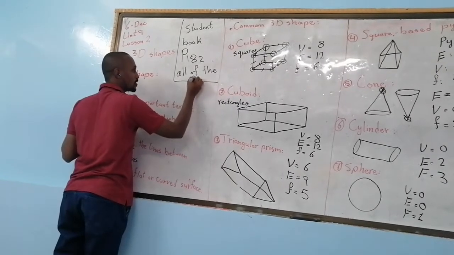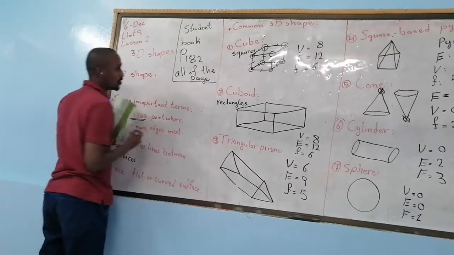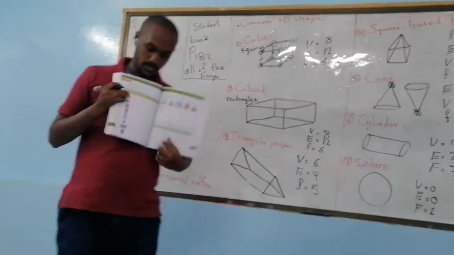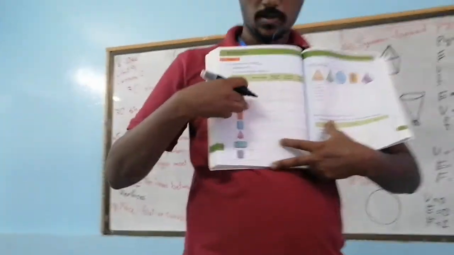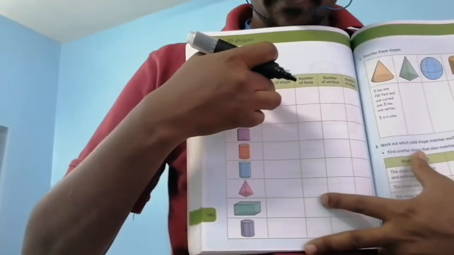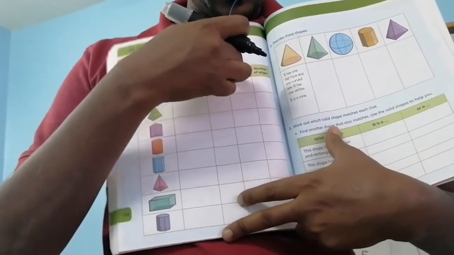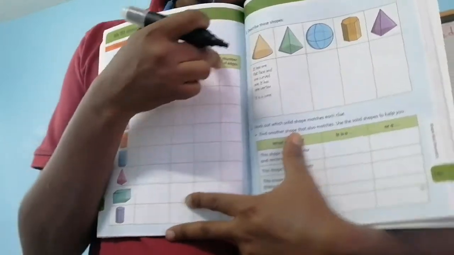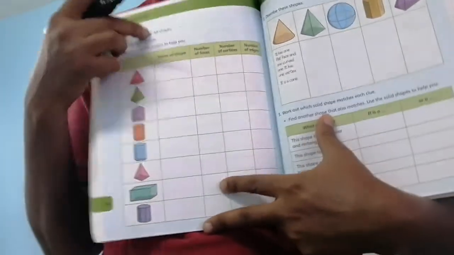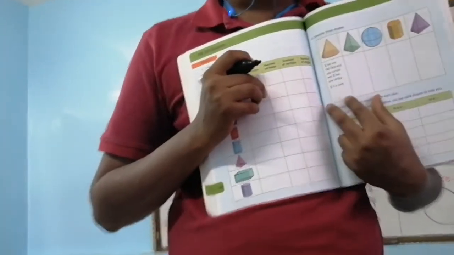Find the name of the shape, the number of faces, the number of vertices, and the number of edges of each one of these shapes.